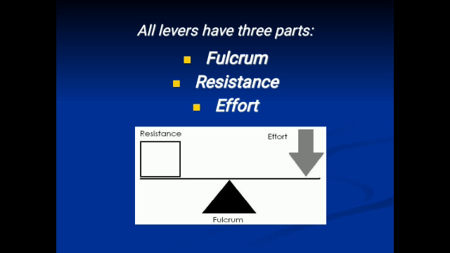When we are talking in the sense of a removable partial denture, if you have a condition where we have teeth at one corner, the load is being applied at the opposite end, and the food is getting crushed in between.